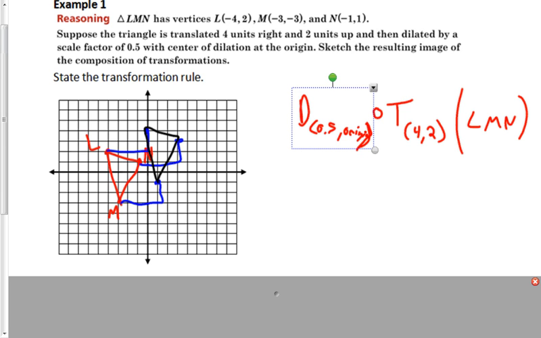And then a dilation. So when we have those new points, we've got 0, 4. We've got negative 3, 1. Our M would now be 1, negative 1.